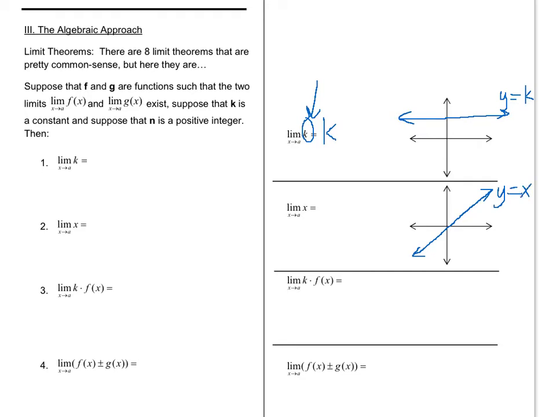As you approach any value, let's say that this is a for x, and remember when you're talking about the graphical approach, if you approach this value from the left or from the right, you're still ending up at this y value, but the y value is the same as the x value. So for this limit, you are just going to get out a. And that's kind of a substitution piece we'll be looking at more in just a little bit.